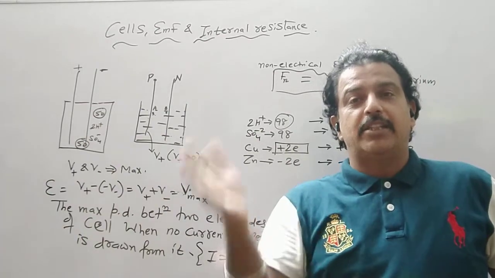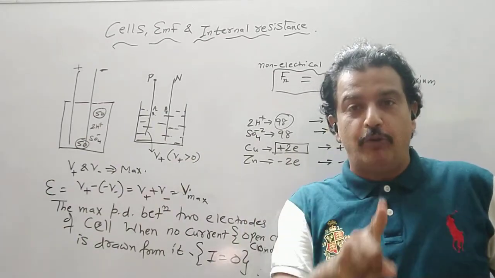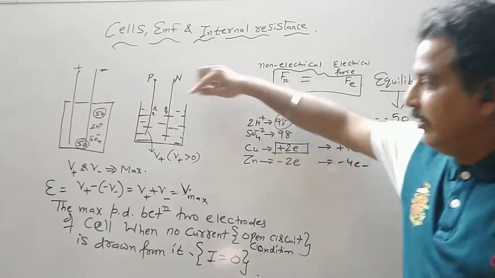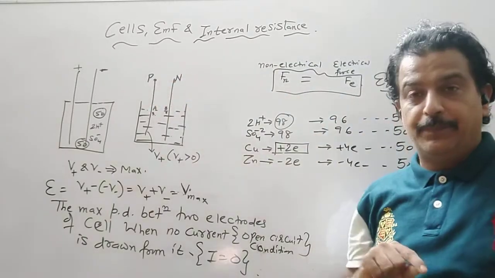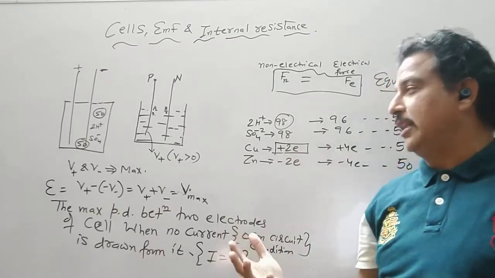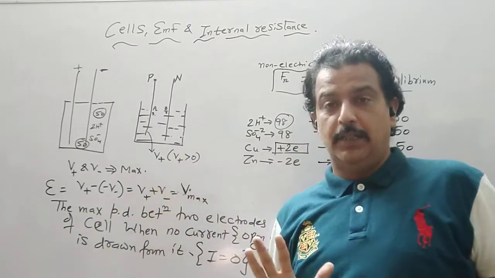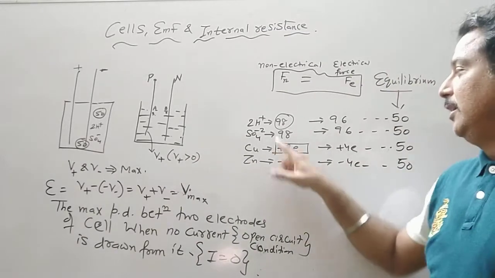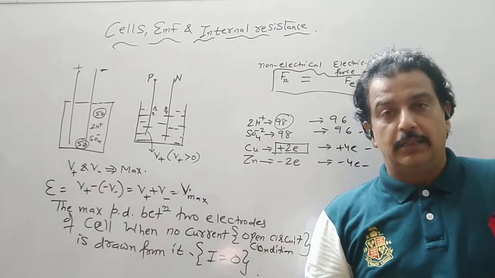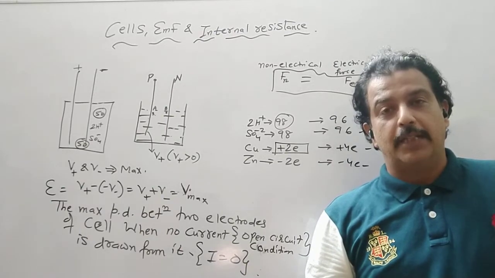So work is done by the non-electrical force to move H plus ion from point A to B. And this work done by chemical force is referred to as V plus. So say this is an H plus, this is a unit positive charge.